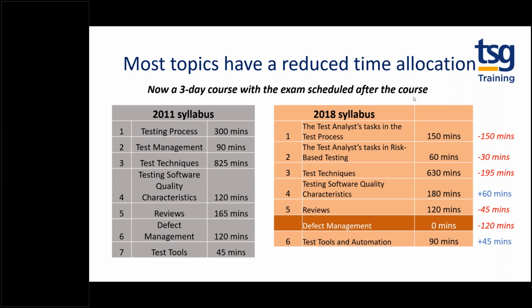Test techniques is still the biggest part of the course, but by the reduction of more obscure techniques being removed, we're still able to give a lot of information in that area. As I mentioned a few minutes ago, the testing of software quality characteristics has been extended. Reviews reduced.